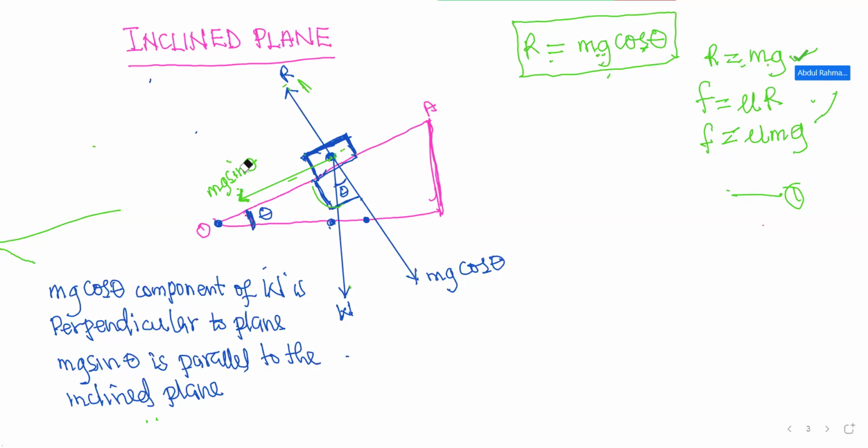The other component is parallel to the inclined plane. This is given as mg sine theta. Mg cos theta is perpendicular to the inclined plane, meaning it makes an angle of 90. Mg sine theta is parallel to the inclined plane, meaning it makes an angle of 0 to the inclined plane.